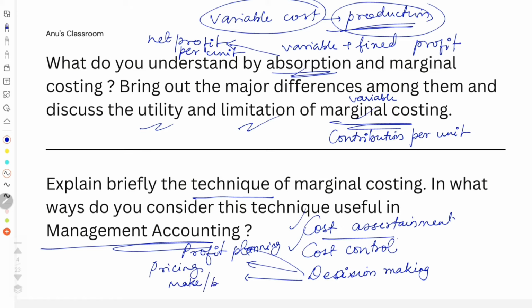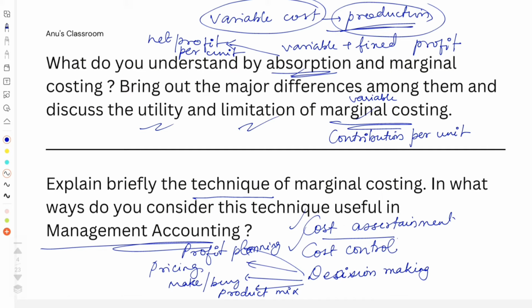That is just one example of make or buy decisions. Then product mix. You will learn about product mix while doing marketing management, and we will definitely reach there once the subject is up. But marginal costing can also help us decide on the product mix.